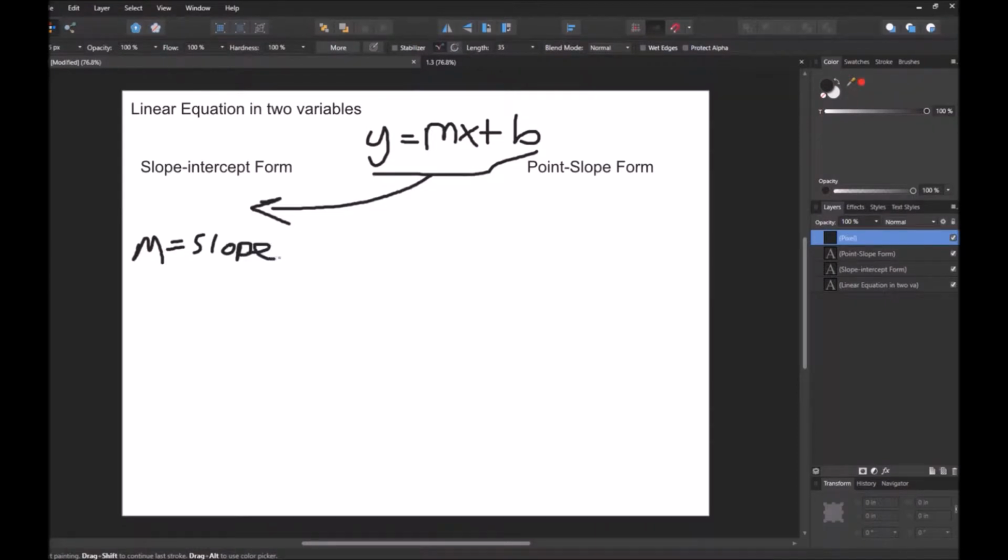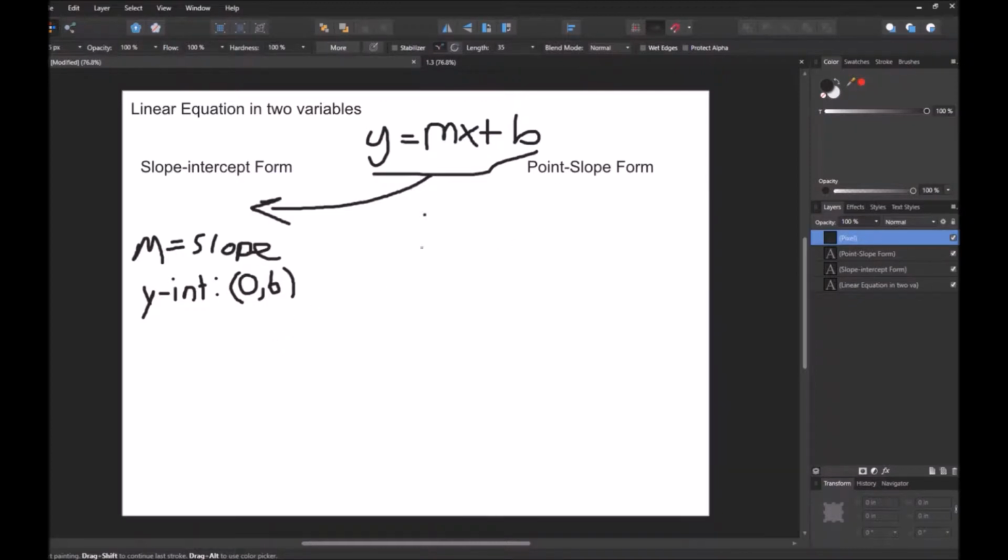So your m is your slope, and your y-intercept is going to be at 0, b. So in that last example I gave where I said y equals x plus 3, you see that b in this case would be 3. And so that's how I know my y-intercept is at 0, 3.